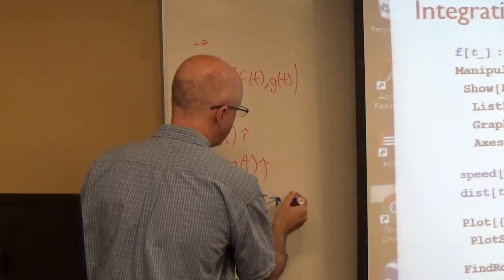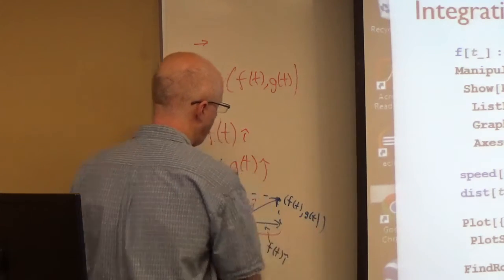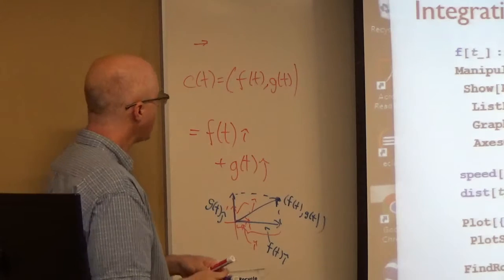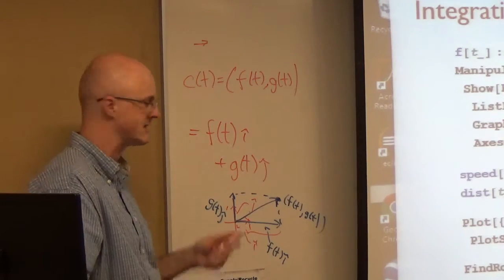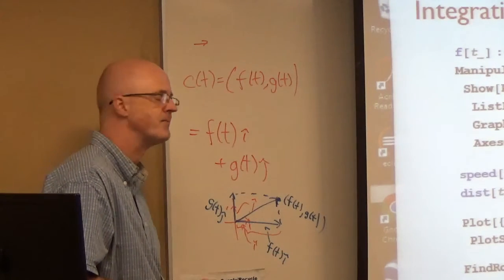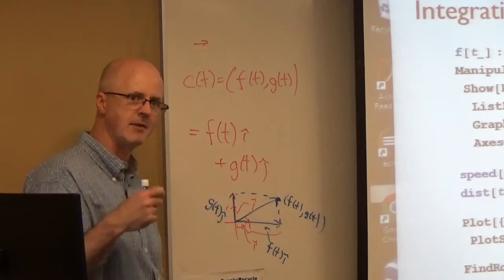That point right there would be the point f of t comma g of t. The arrow that I drew from the origin to that point would represent the vector. So we actually have flexibility. We can sometimes think of c of t as a point and sometimes think of it as a vector. It really doesn't matter sometimes. You can think of it either way. It's probably more useful to think of it as a point when you're thinking about the motion.